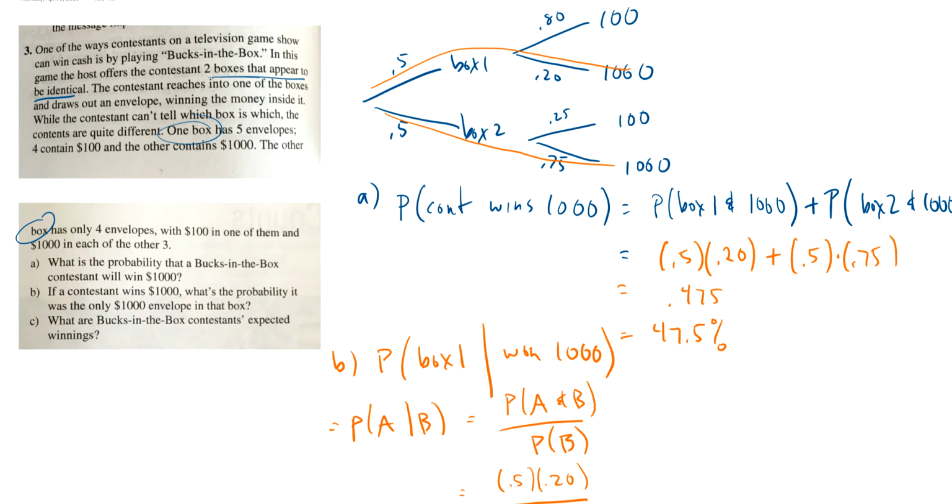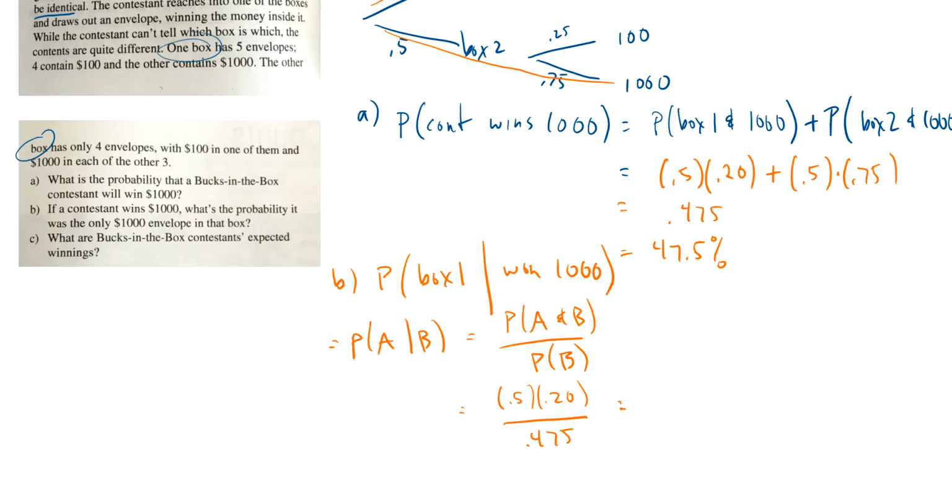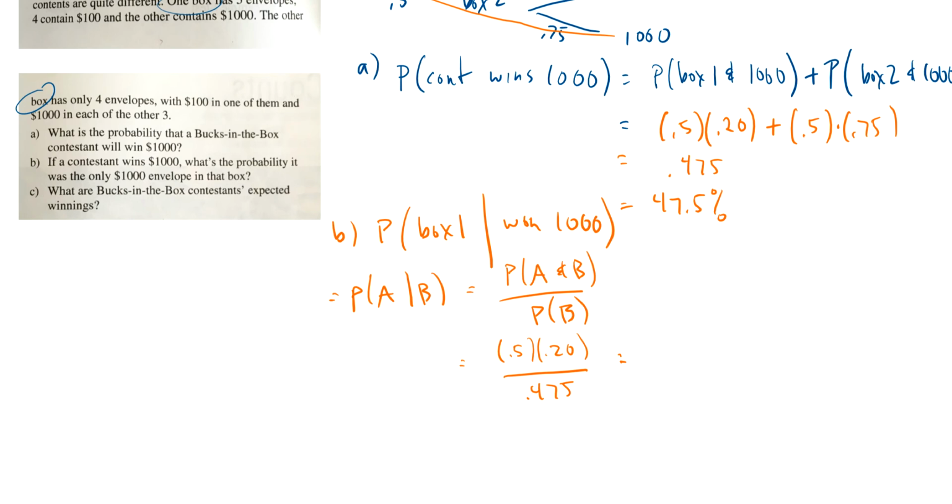Well, that could come from either one of these orange lines, which is actually this right here, 0.475. Okay, so let's do that. If you do that, it's going to be 0.21 or 21%.